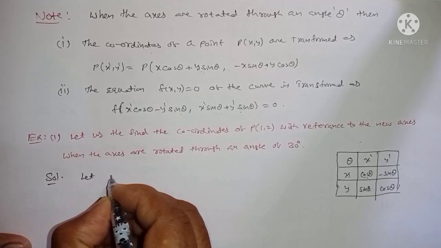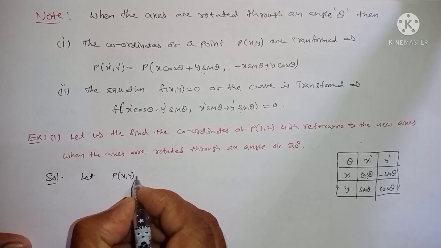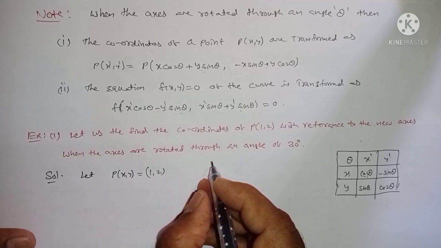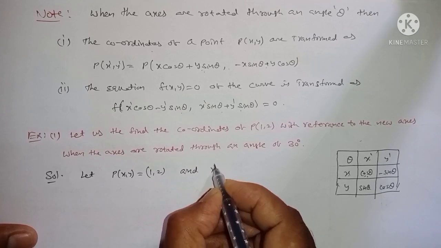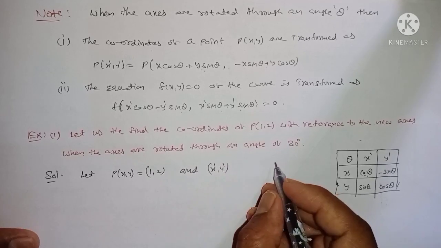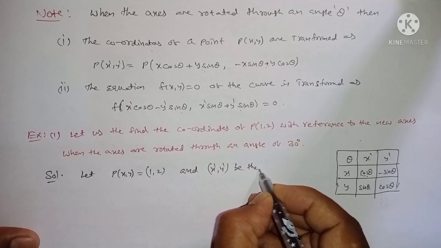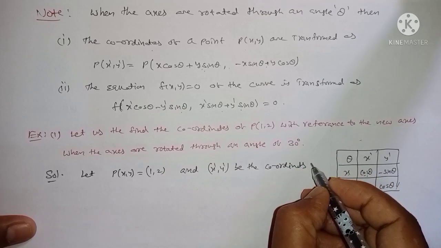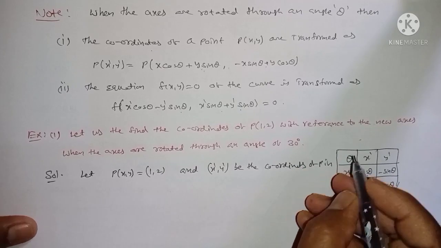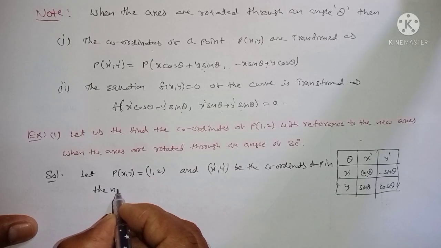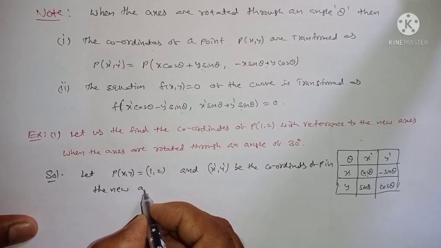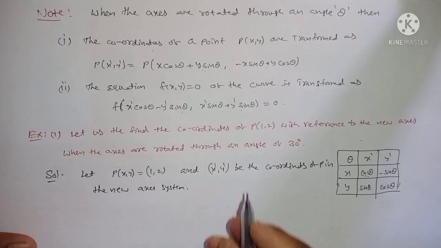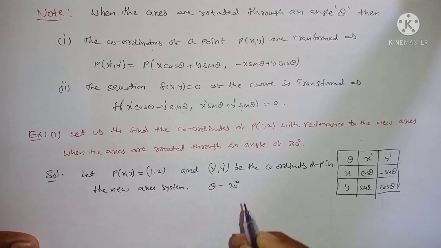Given that P of x comma y is equal to 1 comma 2, and let x dash comma y dash be the coordinates of P in the new axis system. The theta is equal to 30 degrees.